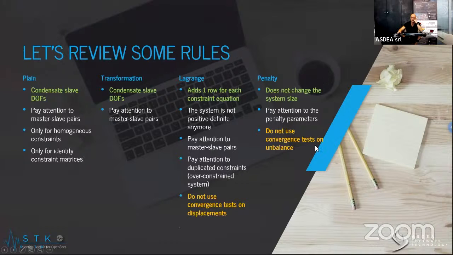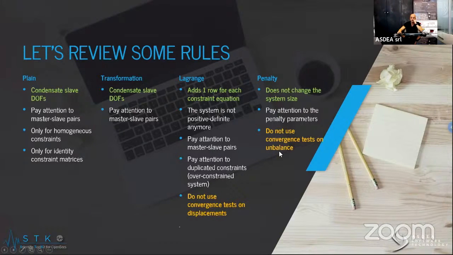And then you have the penalty. Penalty is the one that I prefer because there is only one key point where you have to pay attention. It doesn't change the system size in the sense that it does not do any condensation, but it doesn't add any extra equations. So the size of the system matrix is the same size of the matrix without any constraint, okay? And that is fine.